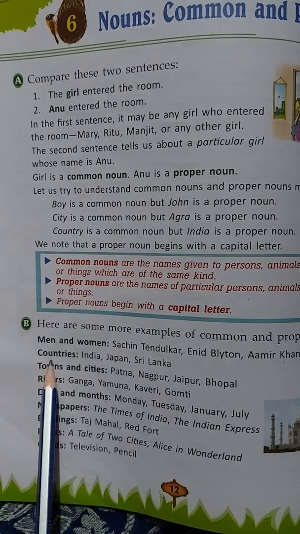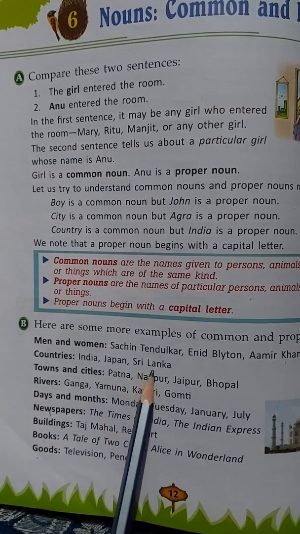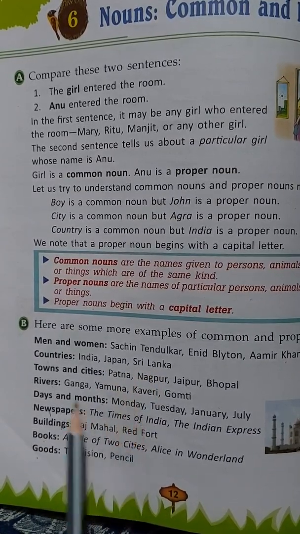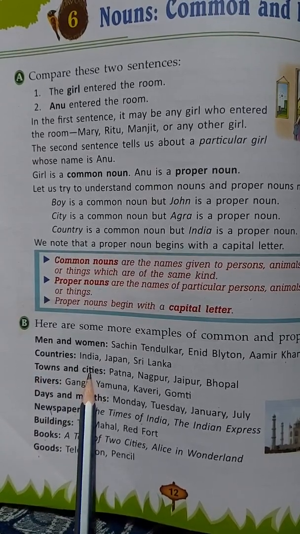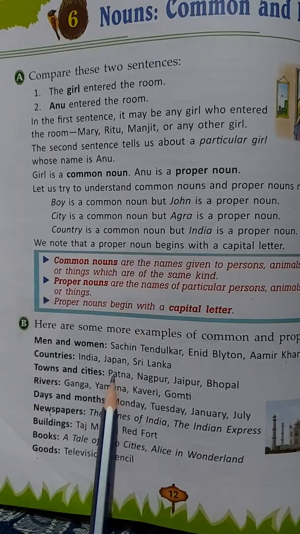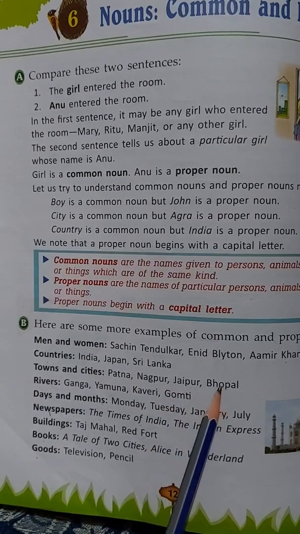Countries also is a common noun, but if I say India, Japan or Sri Lanka, then it is what? Proper noun. Similarly, towns and cities. Towns and cities are common nouns, but if you name a specific city or town, then it will be a proper noun like Patna, Nagpur, Jaipur, Bhopal.